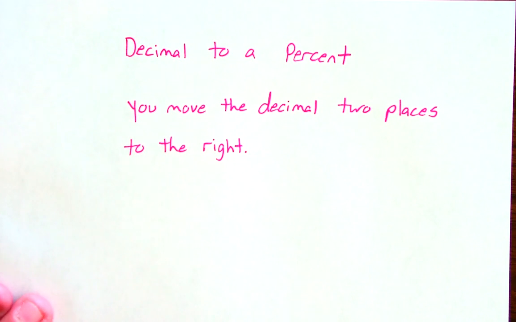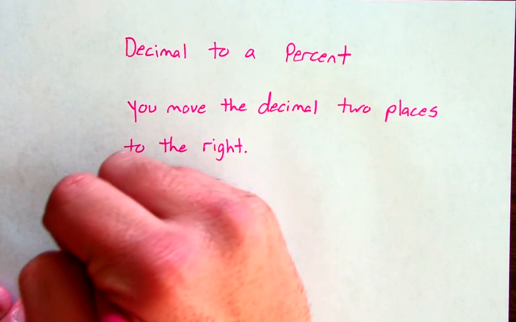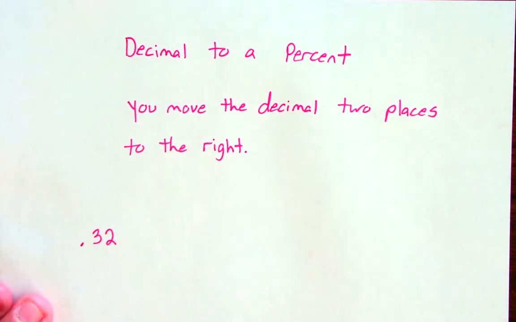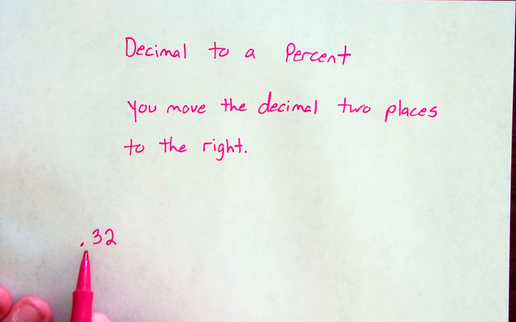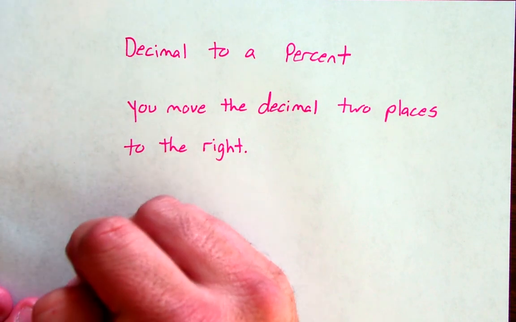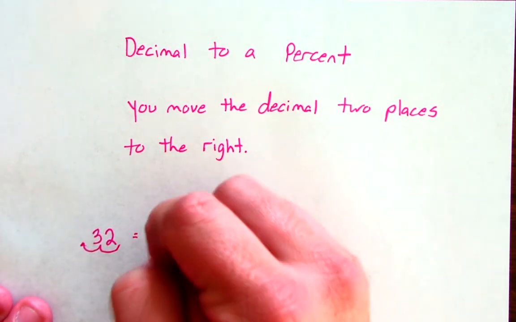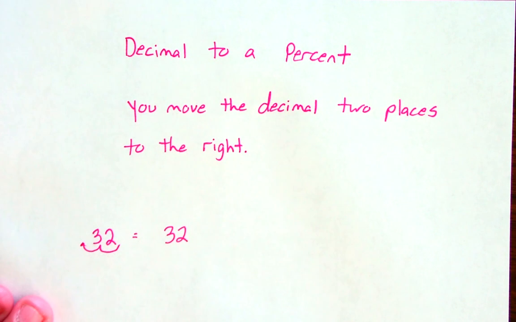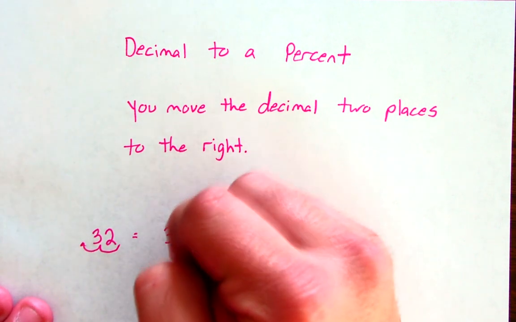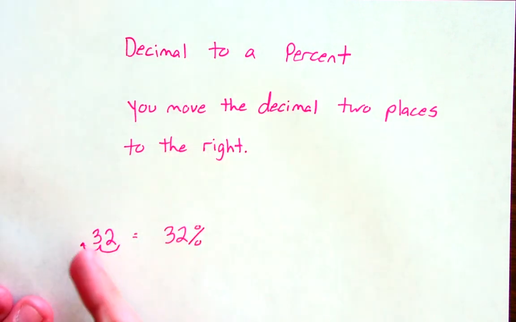So for example, if I have 0.32 and I ask you to turn that into a percent, take your decimal, move it two places to the right. We now have 32. Add your percent sign. So 0.32 is equivalent to 32%.